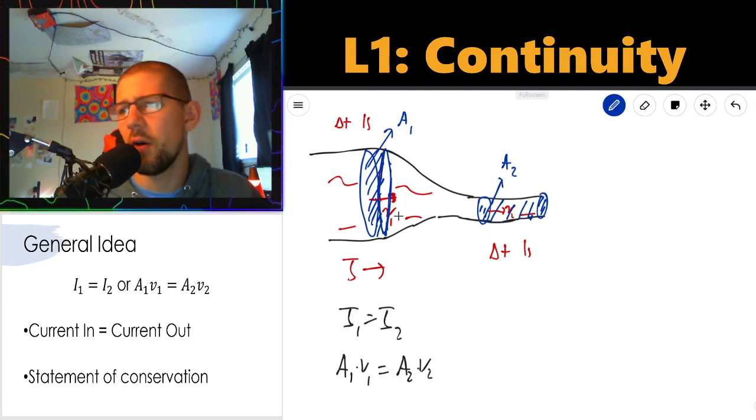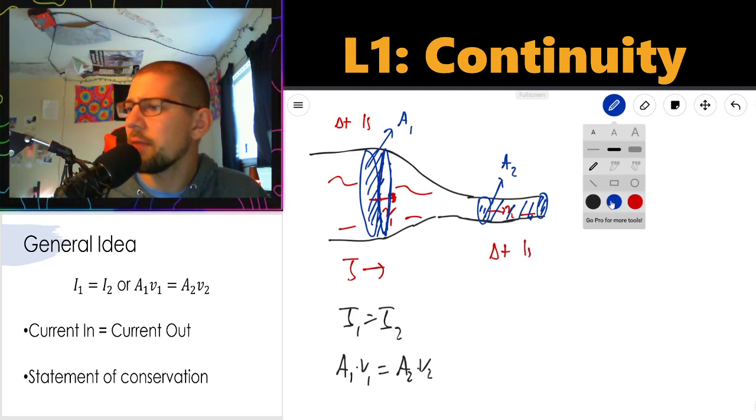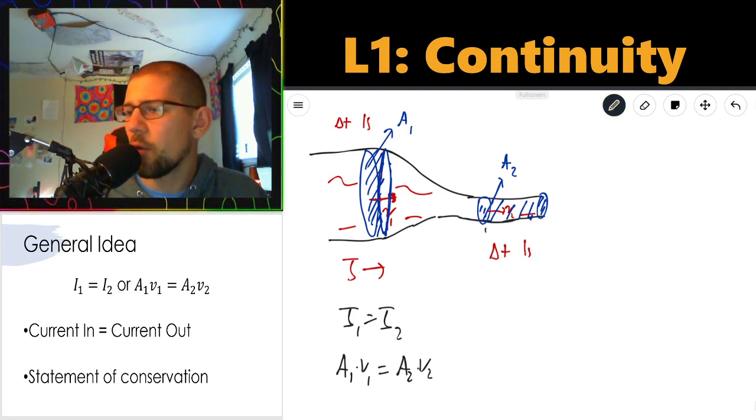It's conservation of volume in the sense that whatever volume of water moved through this area in 1 second must be the same amount of volume of water that moved through this area in 1 second. Notice that the distance it covered on the right side is longer. So it had to move faster in order to push that same volume through a smaller cross-sectional area.